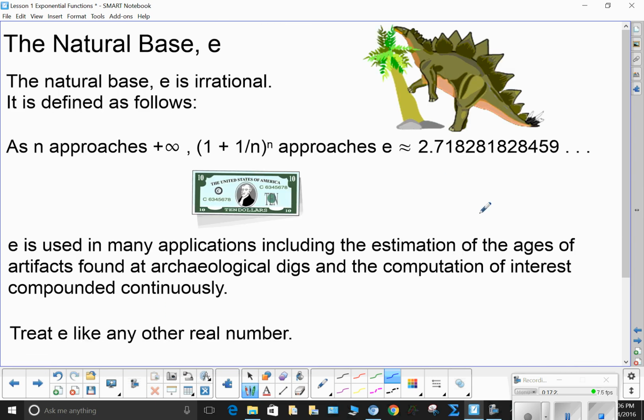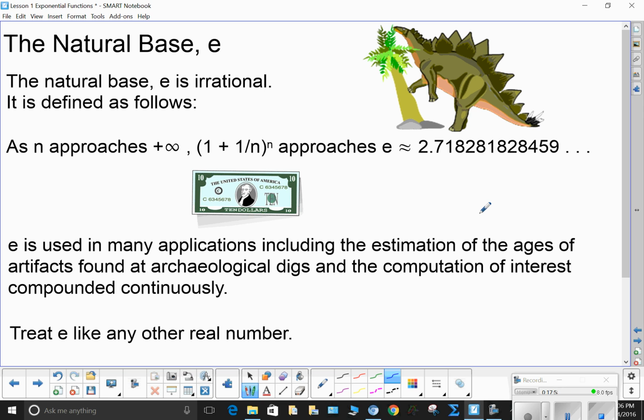Natural base e. The natural base e is irrational, just like pi, just like the square root of 2. It is defined mathematically as n approaches infinity, 1 plus 1 over n to the nth approaches 2.718281828459 on and on and on. e is used in many applications, including the estimation of the ages of artifacts found at archaeological digs and the computation of interest when it's compounded continuously.